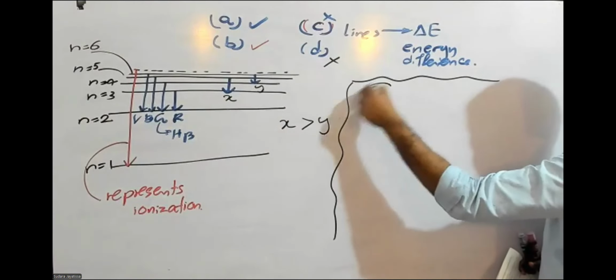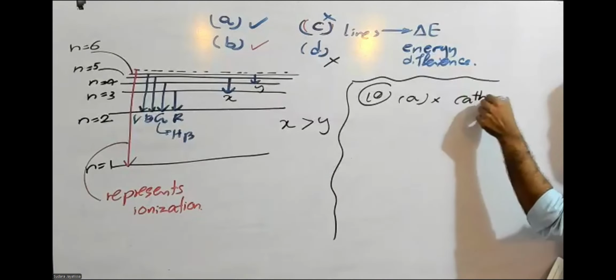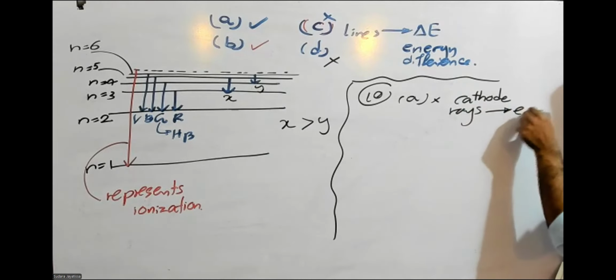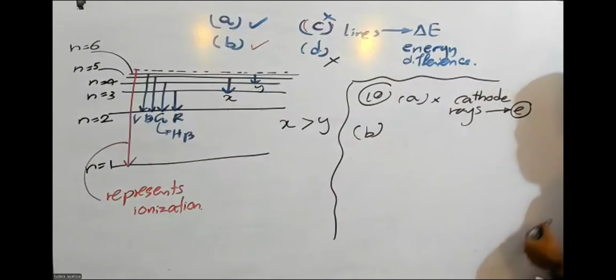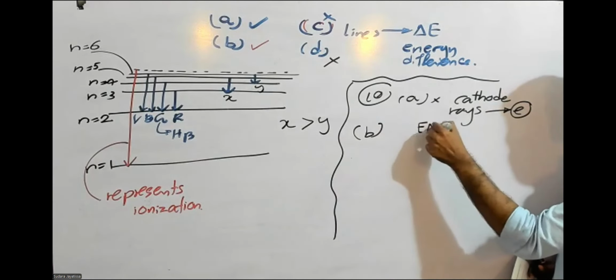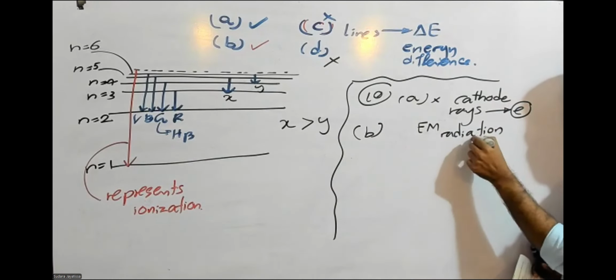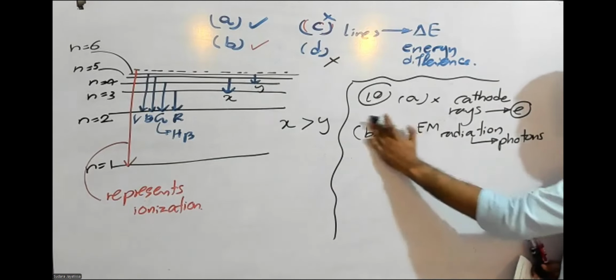Okay, so A is wrong. Cathode rays are electrons, so they are not electromagnetic radiation. They are not photons. Electromagnetic radiations are made of photons, not electrons, right?